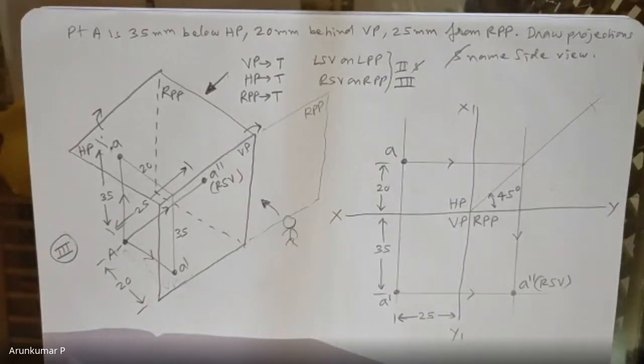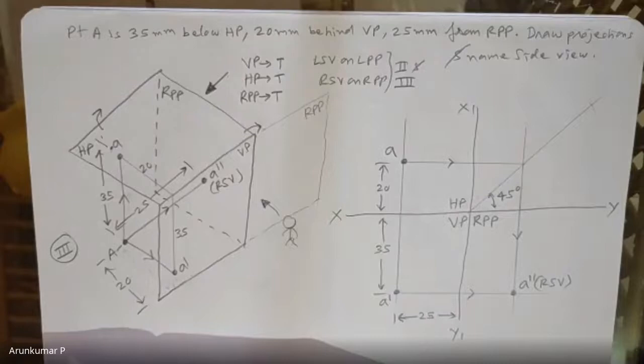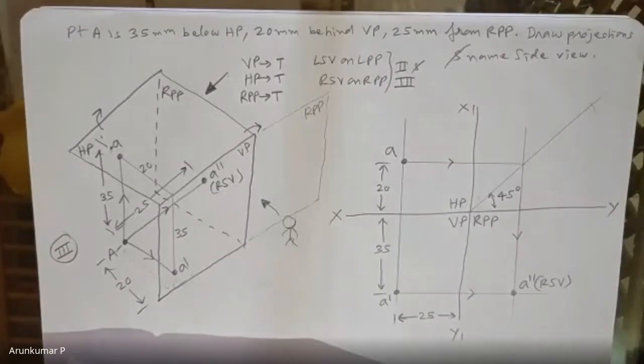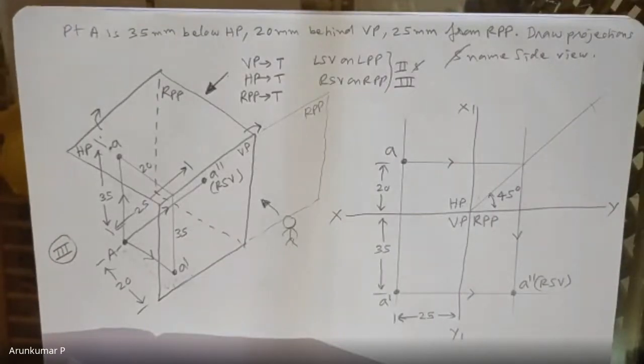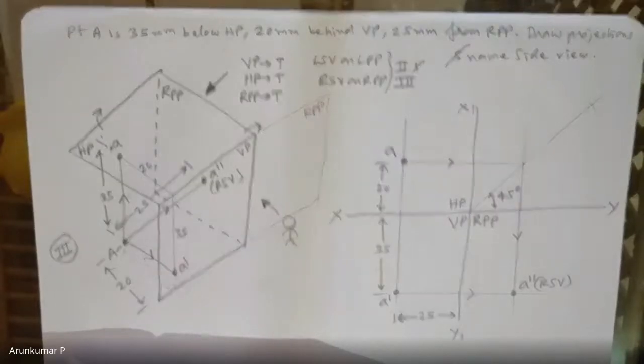A point capital B is 40 mm behind VP, comma 20 mm above HP, and 30 mm from LPP, 30 mm from left profile plane.